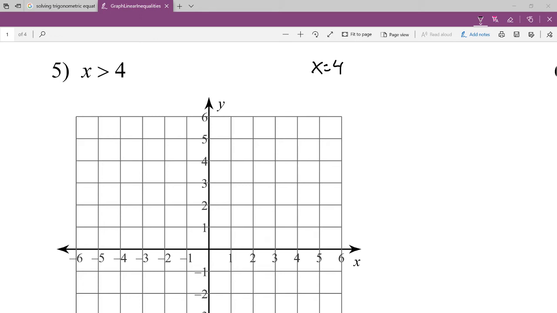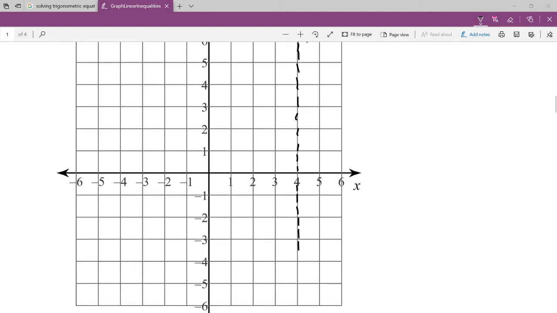But since it's only greater than, you basically go ahead and do a dashed line.